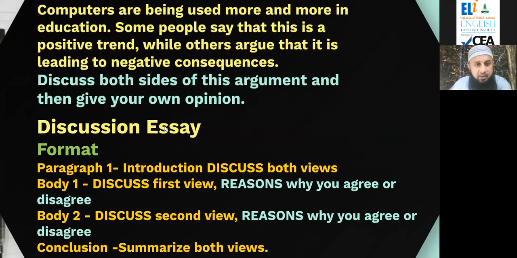Okay, now look at this. Computers are being used more and more in education. Some people say, now this is another type of essay, opinion essay or discussion, some people say this is a positive trend, while others argue that it's leading to negative consequences. This is the question, okay?